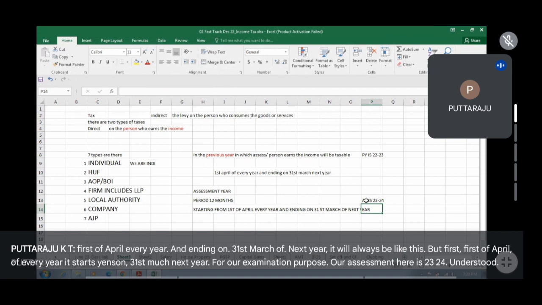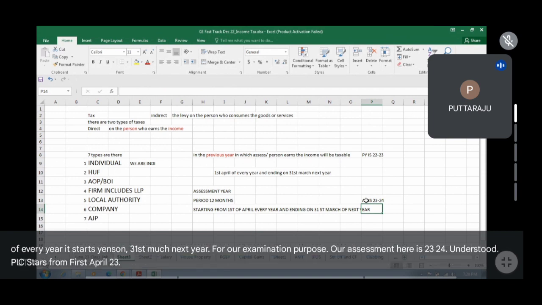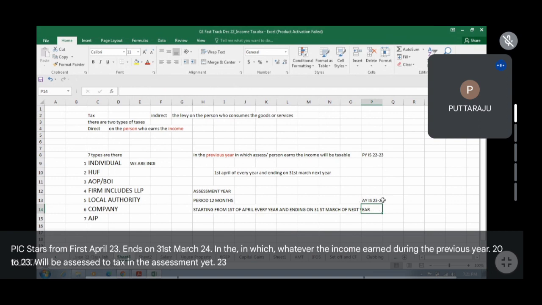It starts from 1st April 23, ends on 31st March 24, in which whatever the income earned during the previous year 22-23 will be assessed to tax in the assessment year 23-24. Got it?